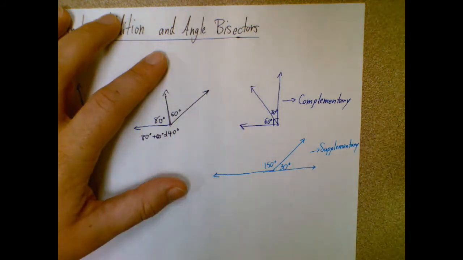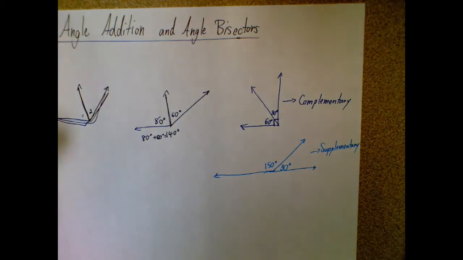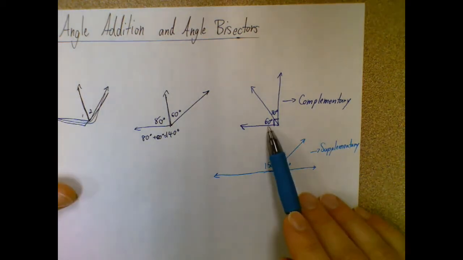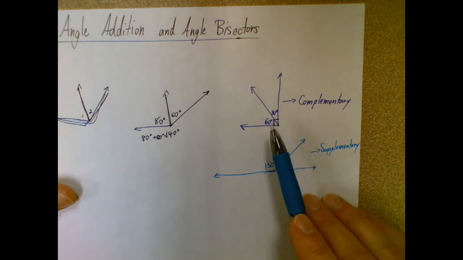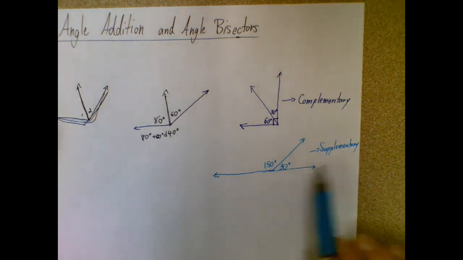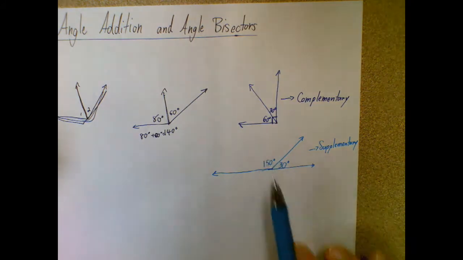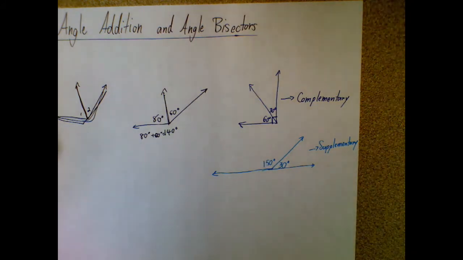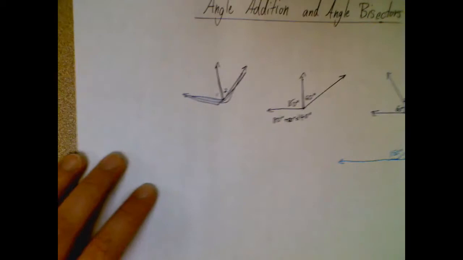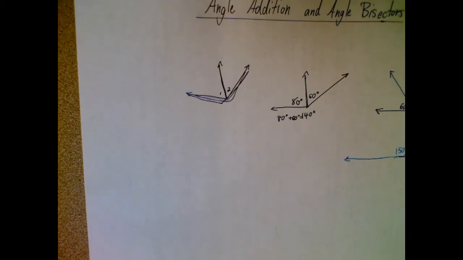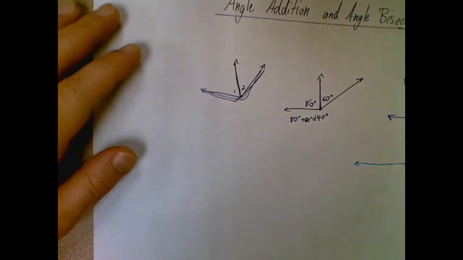Those will come up. Sometimes it's direct, and you'll be asked, what's the complement of 60? You'll say 30, because it's just 90 minus 60, or the supplement of 150, whatever. Sometimes they're a little trickier and not as straightforward.